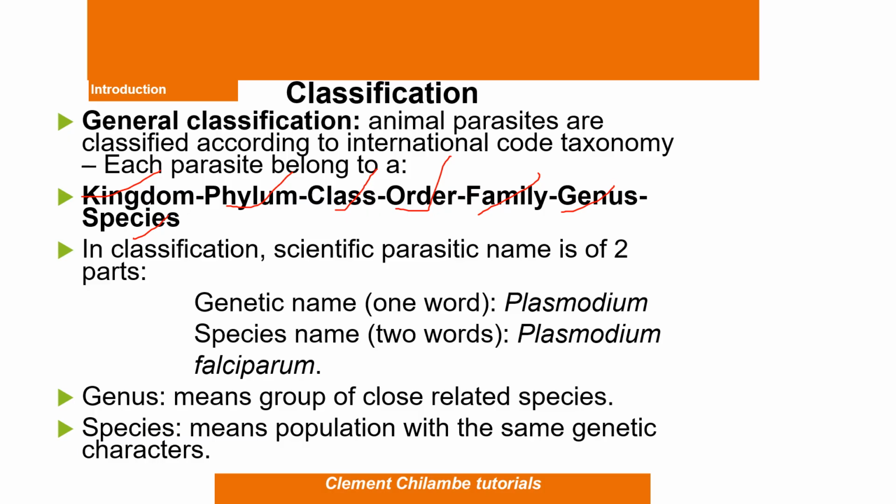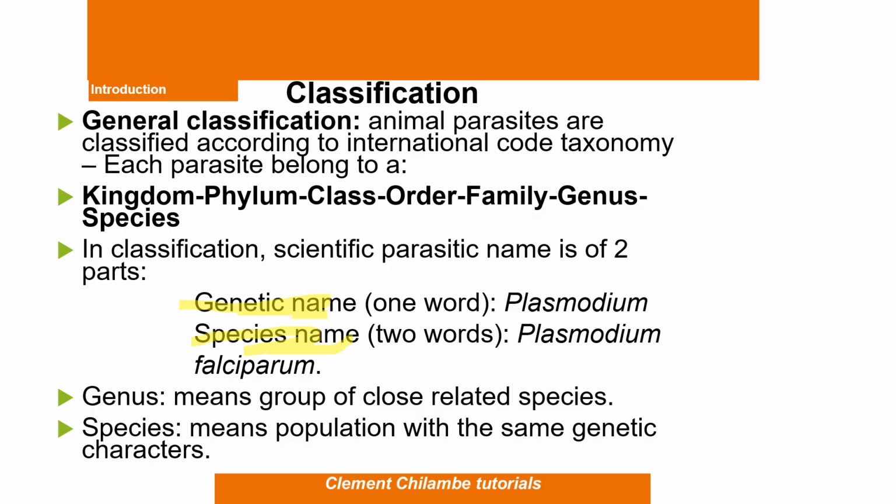So in classification, the scientific parasitic name is of two parts: the generic name and the species name. These are the two things that we need to know.